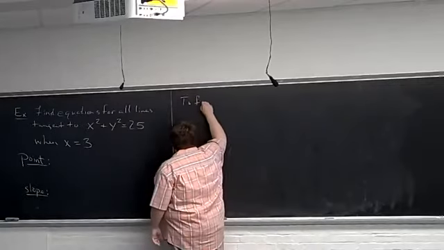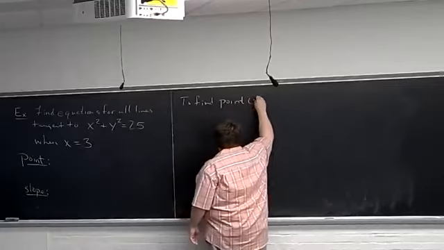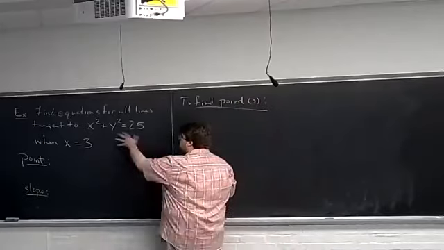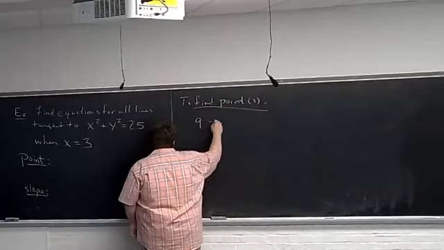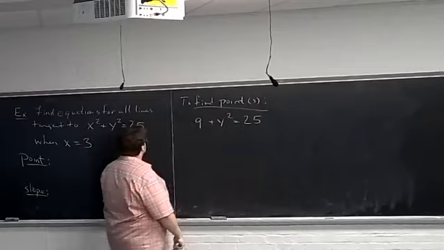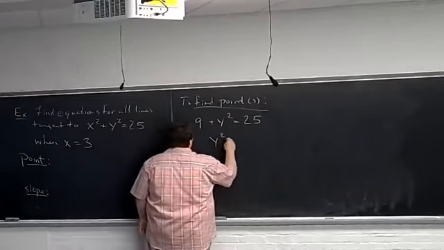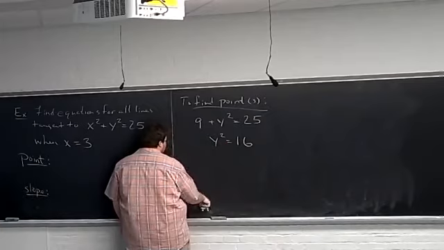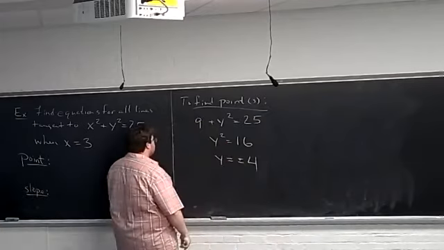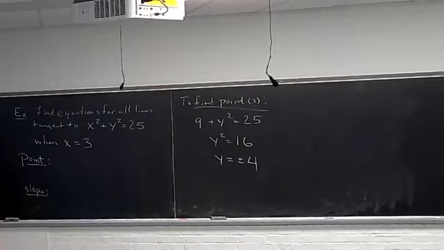Before even thinking about slope, I'm going to find what y value corresponds to x equals 3. So to find points, well, point more than 1, which in this case there is more than 1. Let x equal 3 in this equation, and you get 9 plus y squared equals 25. We need the y values, subtract 9, and then take a square root. Positive 4 squared is 16, negative 4 squared is 16 as well.